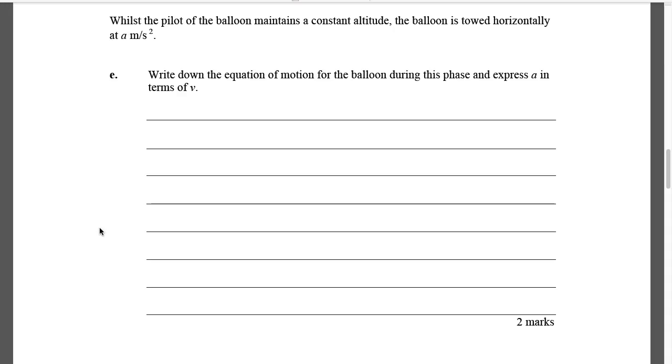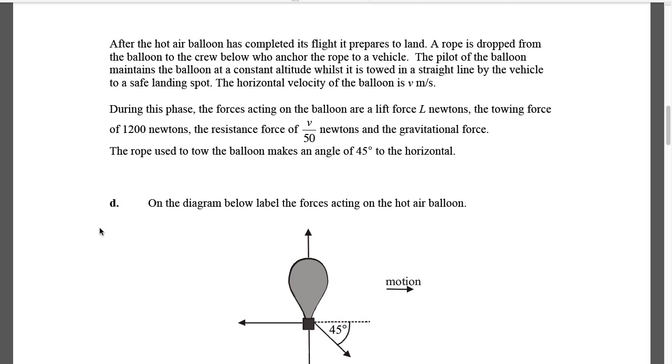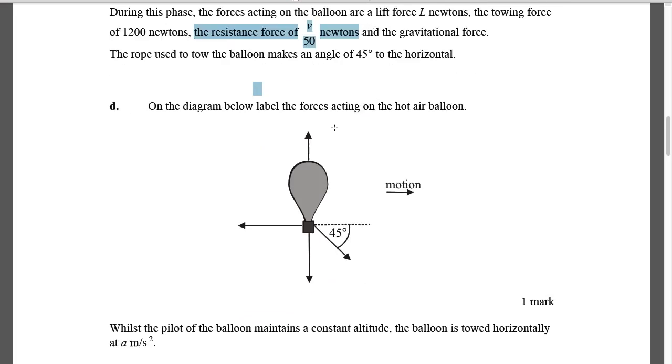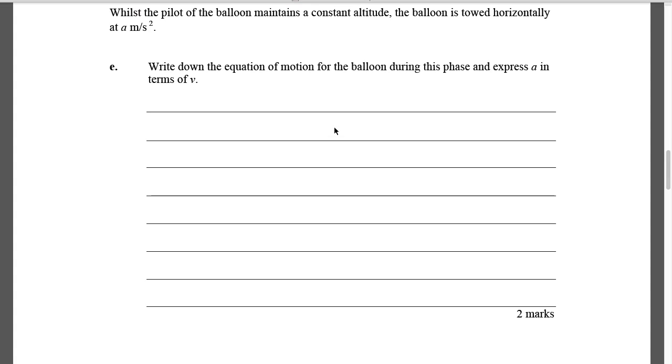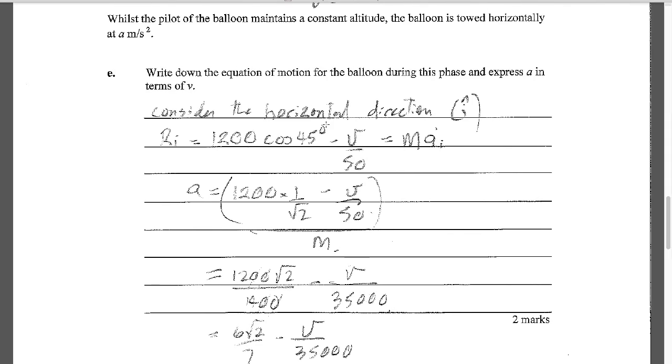In the I direction, we can work out the acceleration in terms of V, given that we know that the resistance force is a function of V. So if we consider that, we can sum our forces in the I direction, and the resultant force will be equal to the mass times the acceleration in the I direction.